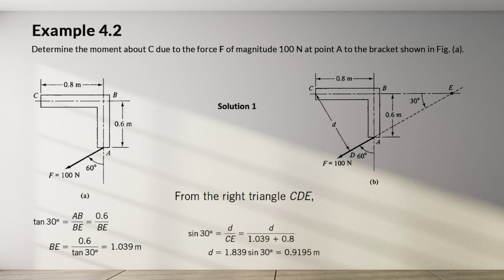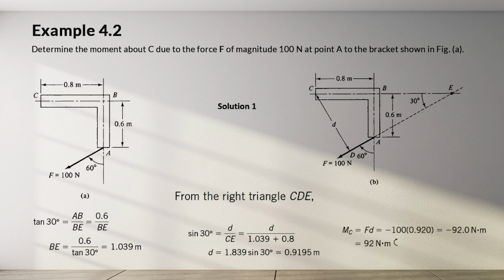From the right triangle CDE, we use the equation sine of 30 degrees equals D divided by CE, which equals D divided by 1.039 plus 0.8. D equals 1.839 sine of 30 degrees, which equals 0.9195 meters. So we find the total distance to be 0.9195 meters.